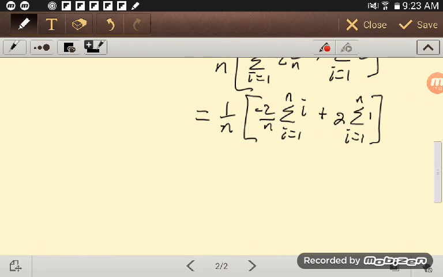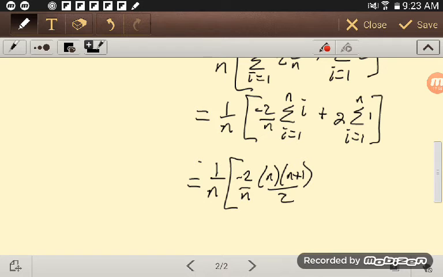I can evaluate those. So this is 1 over n times minus 2 over n, but then remember the sum from 1 to n of i is just n times n plus 1 over 2. So I can actually tell you what that is. And then this one is just 2n.